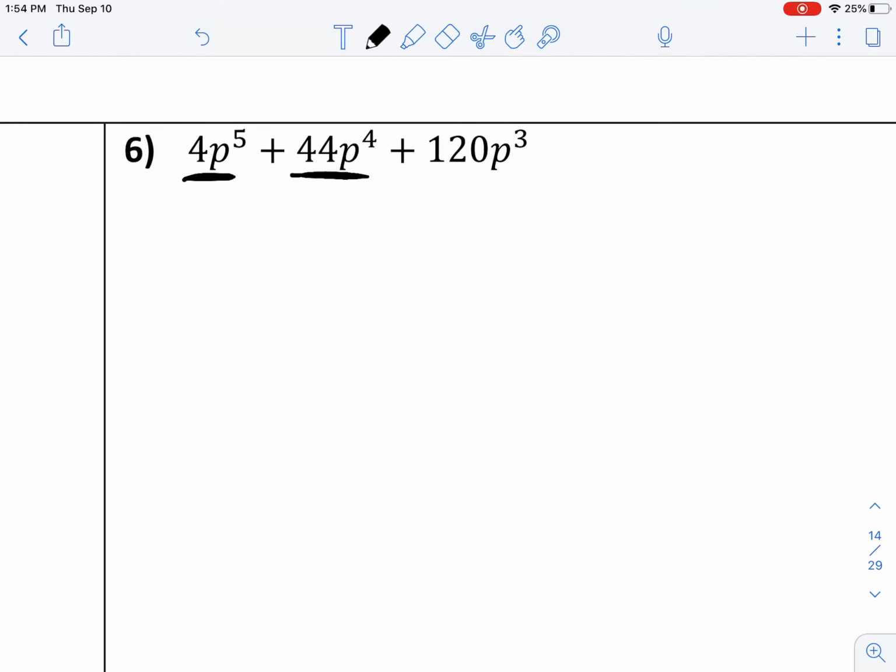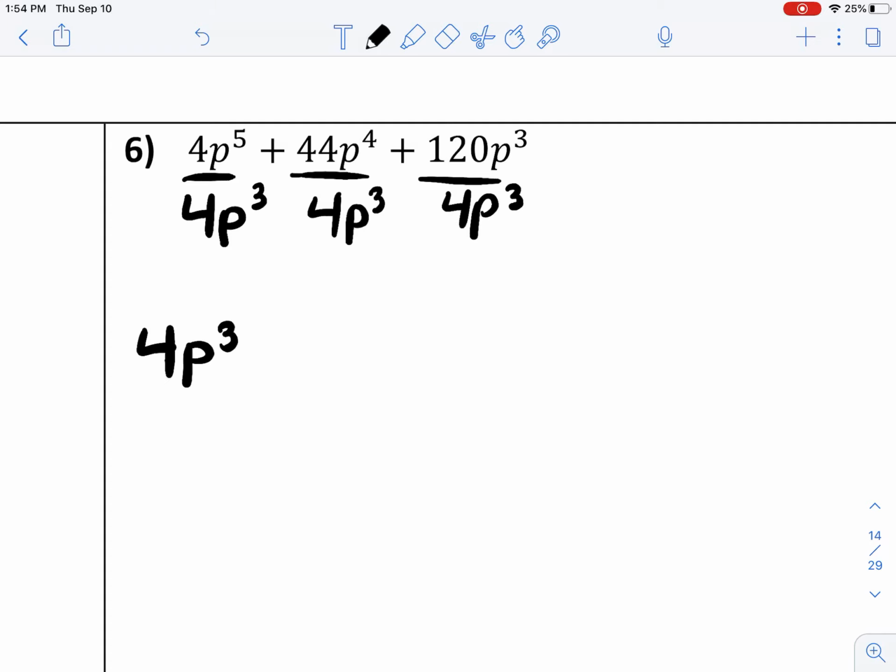For number 6, I can divide these all by 4p cubed. When I divide, I'm left with p squared plus 11p plus 30.